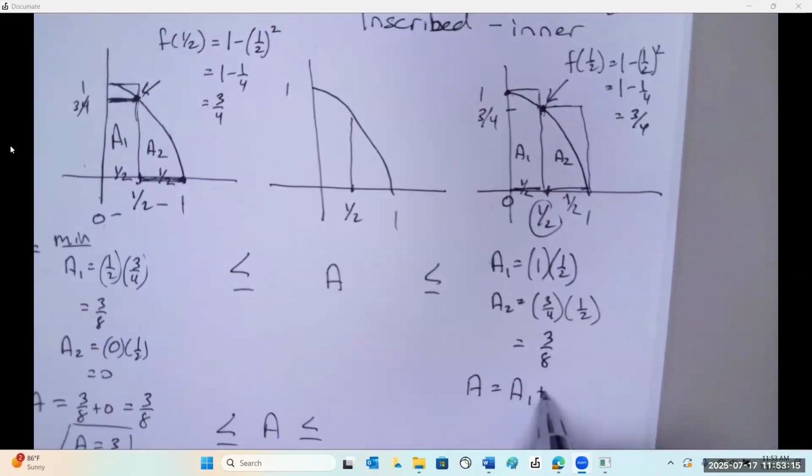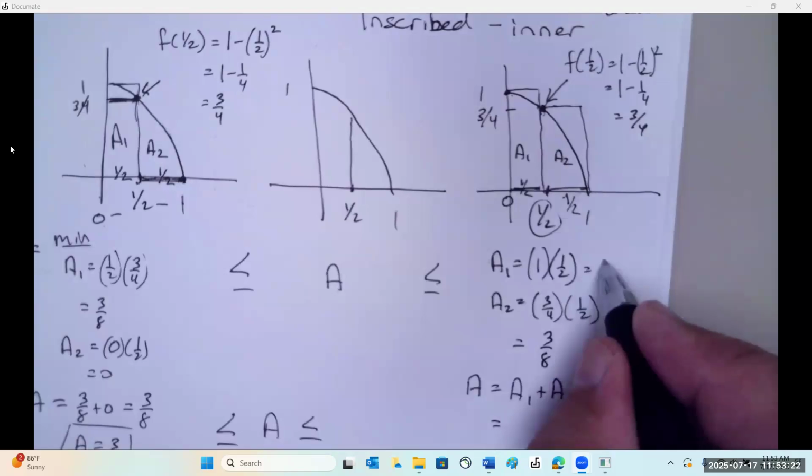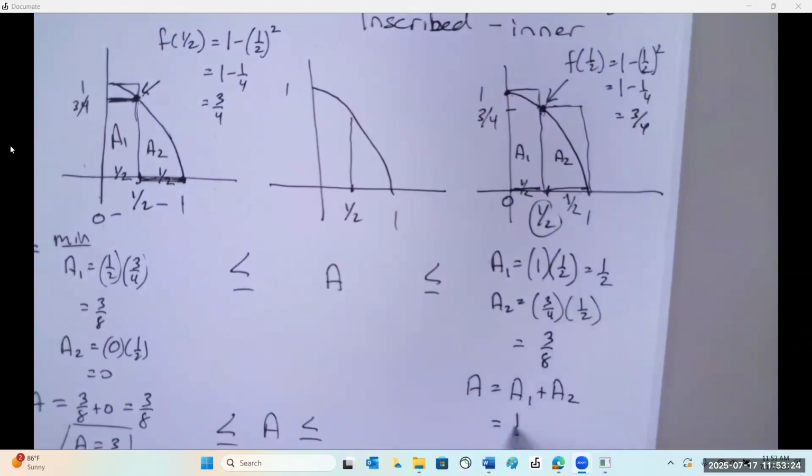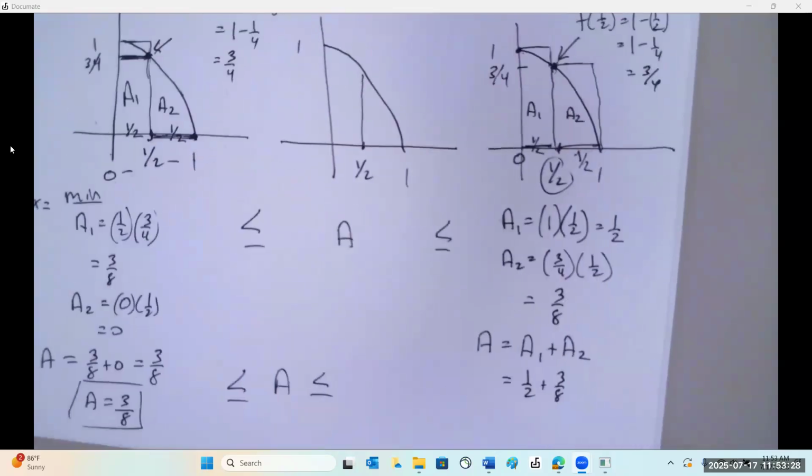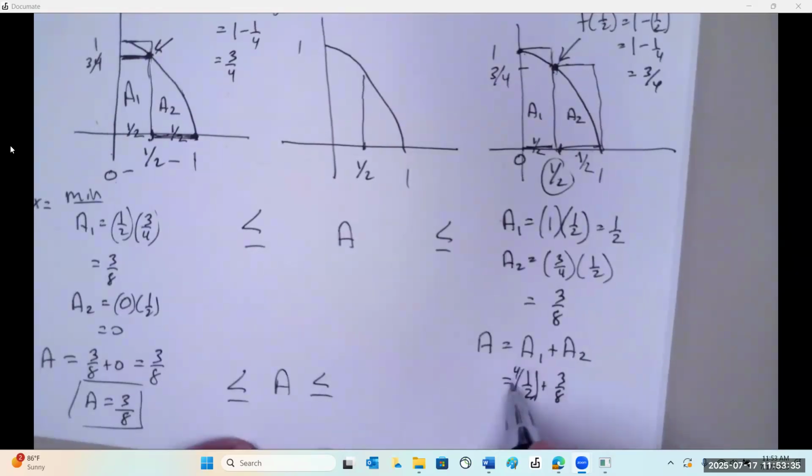So the true area is, I add both of those together. So A1 is 1/2. A2 is 3/8. Add those together. I need a 4/4, so it's 7/8.